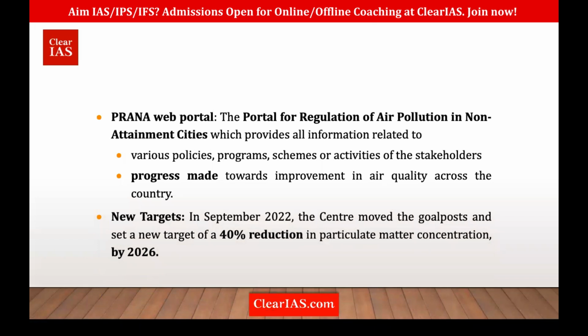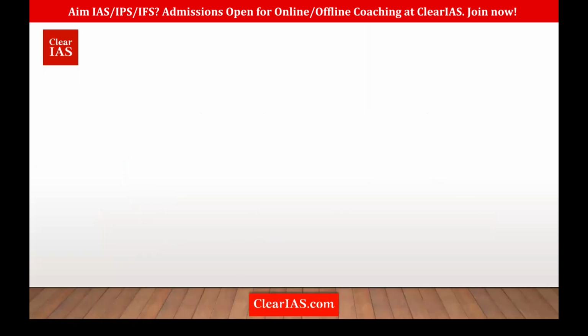Lately, this target has been renewed. So now the target has been changed to what? 40% reduction by 2026 of particulate matter. PM2.5 and PM10, 40% reduction. There's a proposed 40% reduction by 2026. Earlier it was 20 to 30%, now it is 40%.